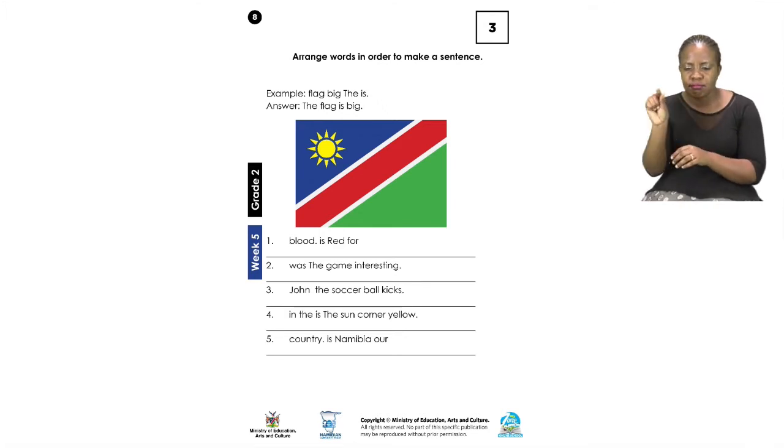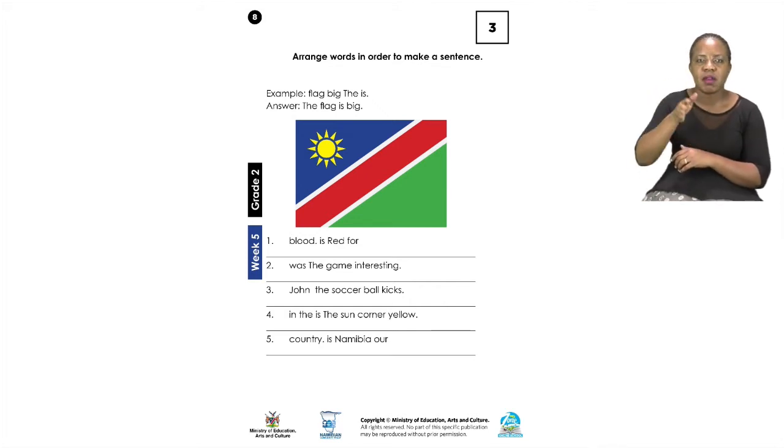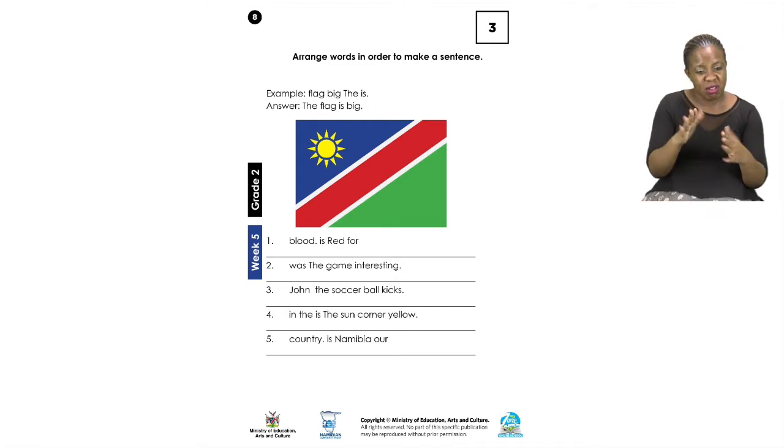Today's sentences are all about the Namibian flag. Now, if we remember what we already know about the Namibian flag, then our sentences will be clear. But just in case, I have decided to help you with 2 sentences. Now remember, we first need to read the sentence the way it is, and then after that, we are going to rearrange the words.